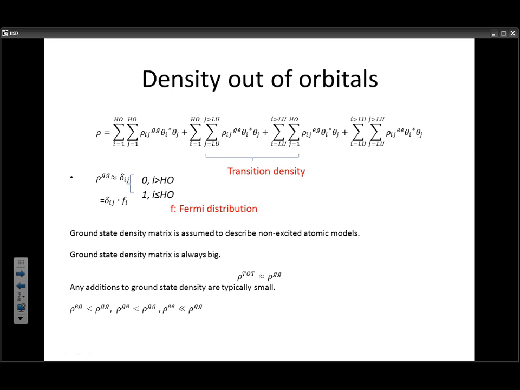And the density can be decomposed into four components. The first component is the ground state density. G is ground state, E is excited state.